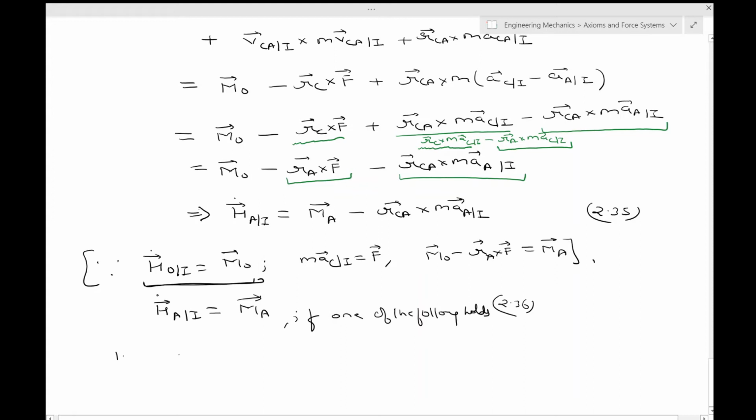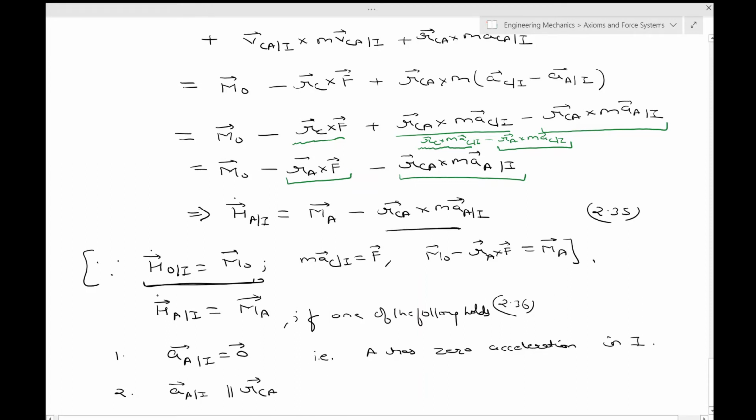What's the first one? AA is equal to 0, that is, A has 0 acceleration in I. The second possibility is that AA is parallel to RCA. In that case this particular cross product will be 0.